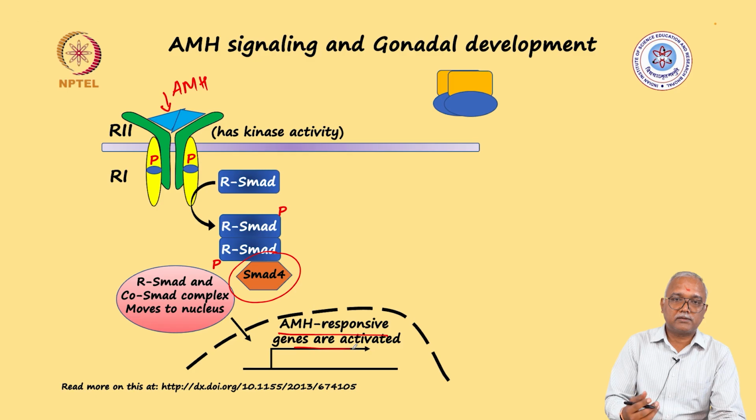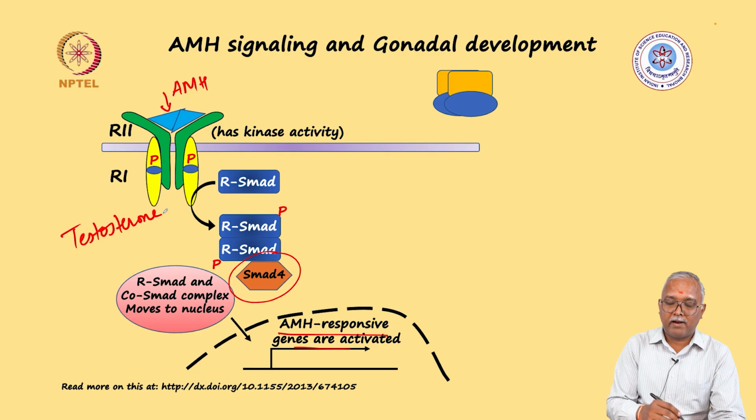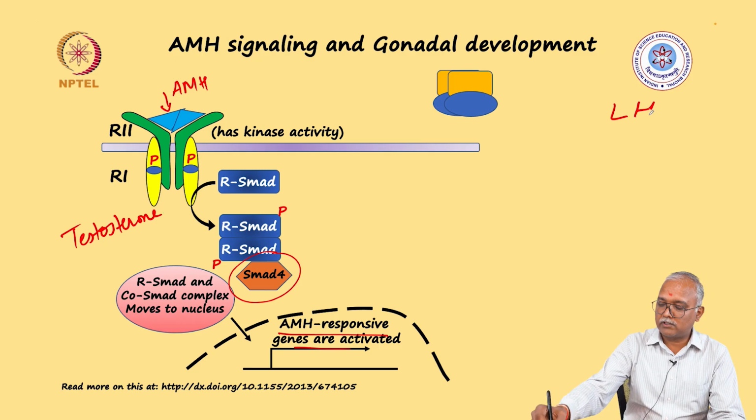But how this signal is regulated, I told you the AMH is a hormone which will also have a direct component through the testosterone. So in male or female body, there are two different types of hormone, which are luteinizing hormone or follicle stimulating hormone.